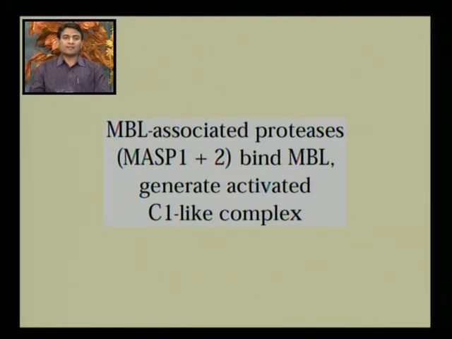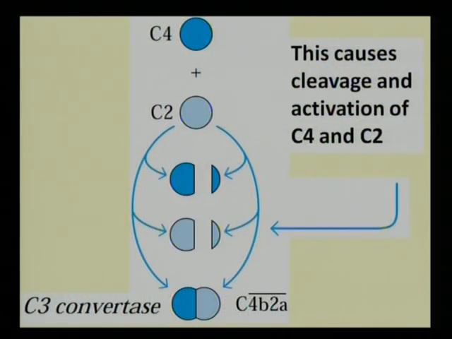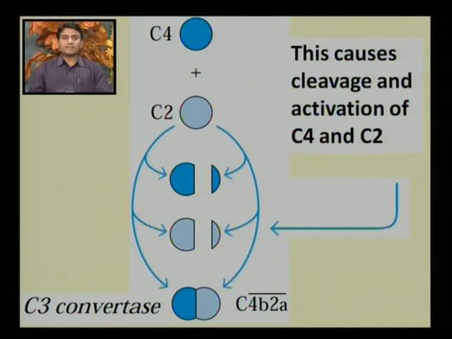So we can say that the function of MASP1 and 2 is similar to the function of the C1q, C1r and C1s molecules, and the binding of MASP1 and 2 on the complement system cleaves C4 and C2. As we have already seen, C4 cleaves into C4b and C4a, and C2 cleaves into C2a and C2b.